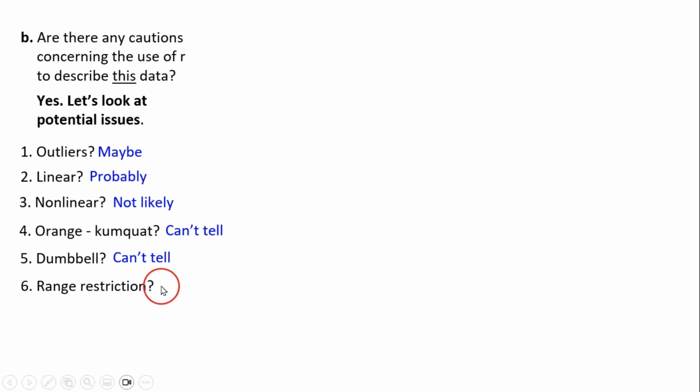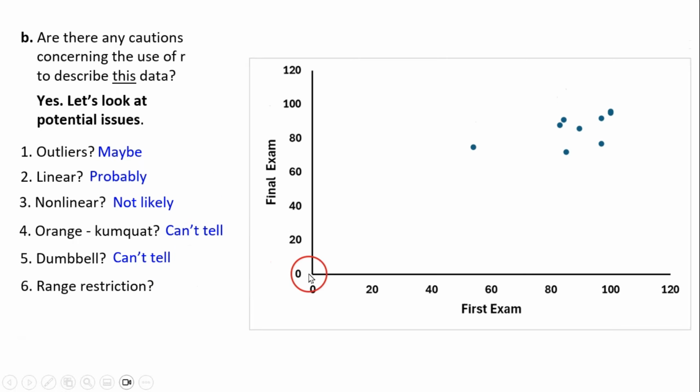And then there's range restriction. Now the book talks about that, so let's take a look at that. What I've done here is this is the actual original data, and the test range was 0 to 100. And so you can see that our range only goes from about 50 to about 100 on the x-axis, and then on the y-axis, I'm ranging from about an 80 to 100.